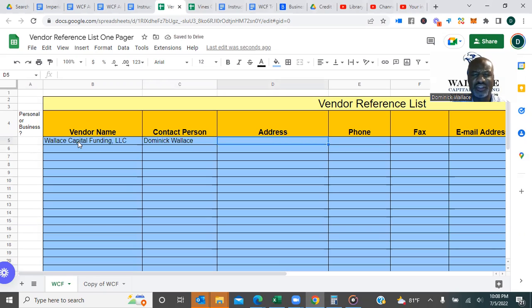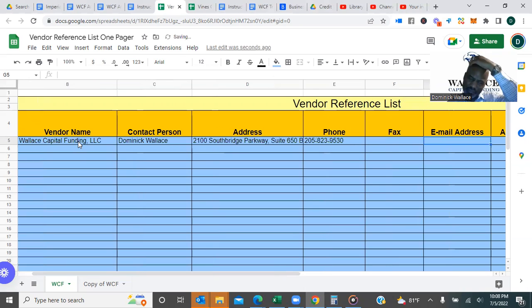And then the address of where the company is located, and of course the phone number, and so forth, email address.